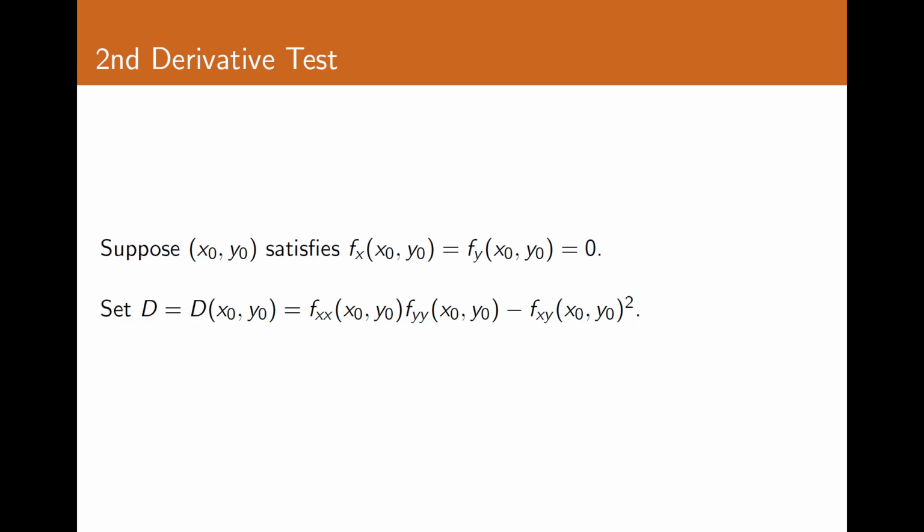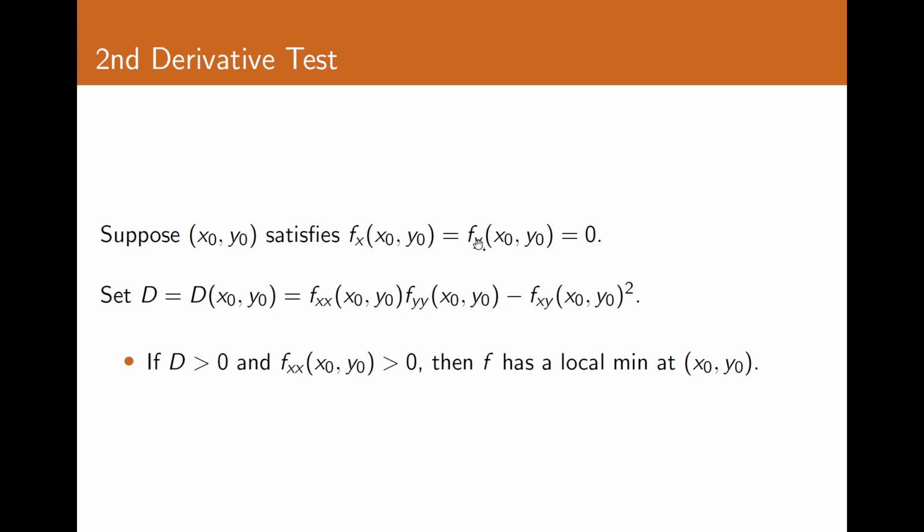If you have experience with matrices, you can see that this D is the determinant of the matrix where you have f_xx in the upper left corner, f_yy in the lower right corner, and f_xy on the off-diagonals. So this is our important quantity. We don't have a single second derivative to look at, so this is taking the place of that.